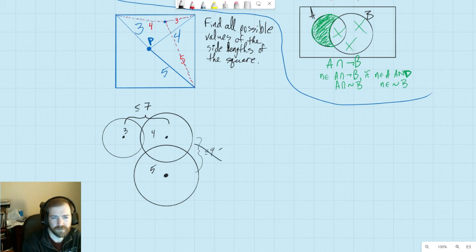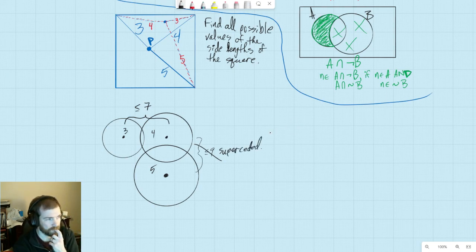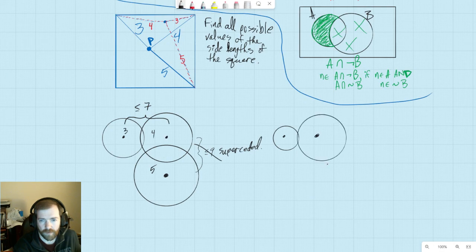Superseded this. All right, the only other possibility. That's not true. There are three possibilities, right? We got 3, 4, 5 going like that. We've got 3, 5, 4 going like that. Really? Not going to correct that one, but you'll correct the other one.